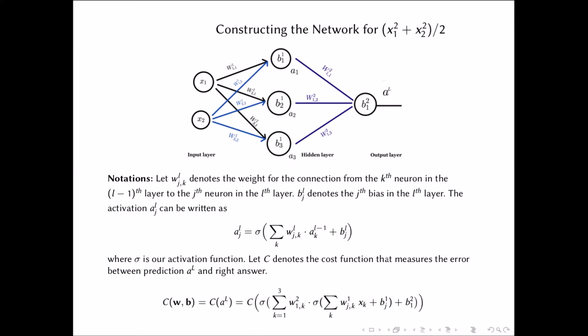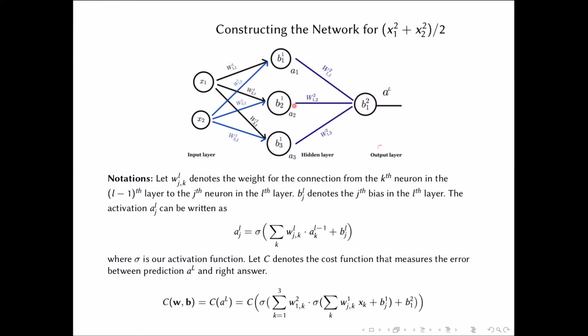And this is because the cost or the error here is just a function of the output. And we have seen before, the output is just a function of weights and biases. This implies the error of this network is controlled by the weights and biases. So for this specific example, the output layer a^L is a function of the weights and biases between the hidden layer and the output layer.